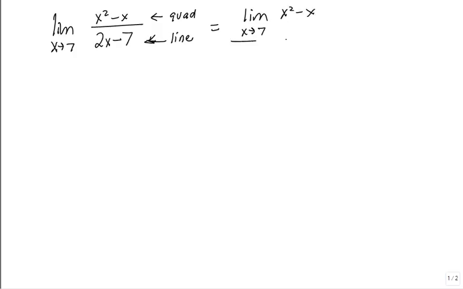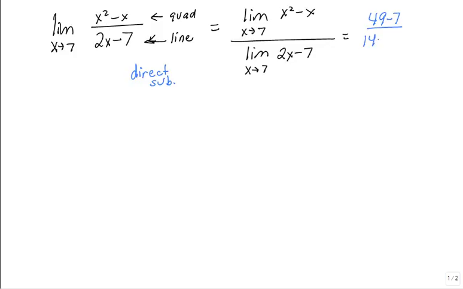As long as the denominator is not 0, I can take the limit of the numerator and the limit of the denominator, and since the first is a parabola and the second is a line, I can do direct substitution. That means I just substitute 7 into the problem, because the limit's going to be the same as the point. So this is going to be 49 minus 7 over 14 minus 7, and that's 42 divided by 7, which is 6.